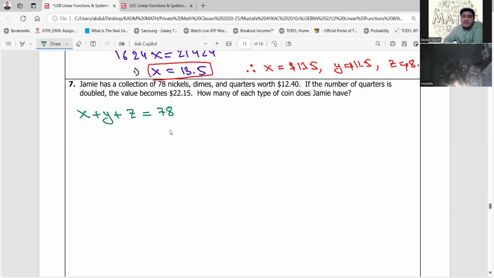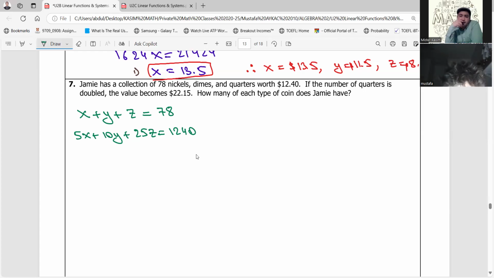Let's write everything in cents so you don't have to deal with decimals. A nickel is 5 cents, so it is 5x, dimes plus 10y, plus 25z, equals 1,240. That's the second equation.